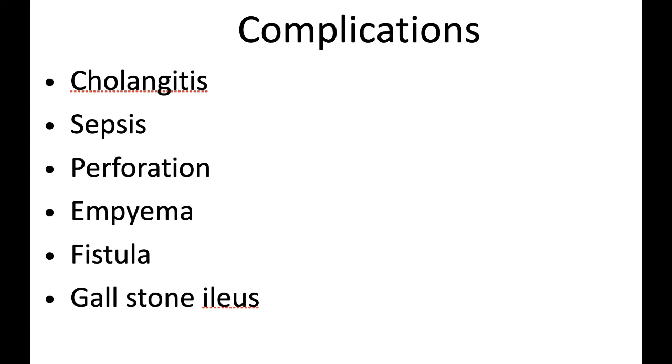Sometimes a gallbladder stone will erode into the small intestine, giving rise to gallstone ileus. So once again, the complications are cholangitis, sepsis, perforation, empyema, enteric fistulas, and gallstone ileus due to the impaction or erosion of a gallbladder stone into the small intestine.